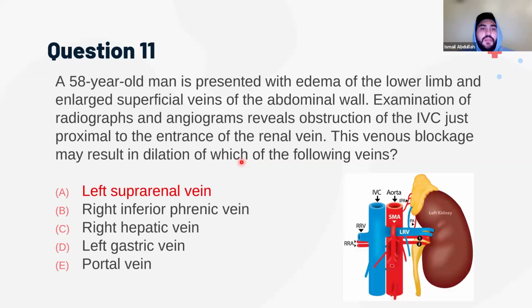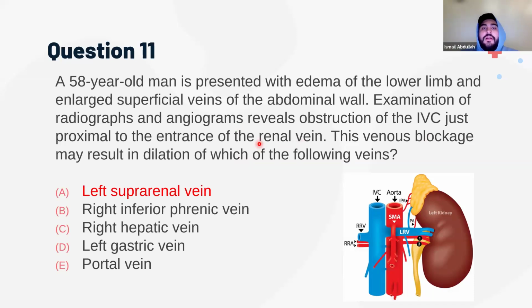So, first of all, okay, you sent an explanation. There's no direct attention. Yeah, that's the point. Okay, so let me explain it to you. First of all, the question says there's edema, which means there's an obstruction, exactly what the angiogram showed us. But it's proximal to the entrance of the renal vein.